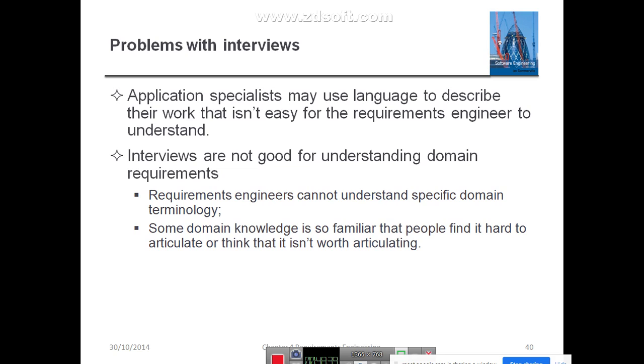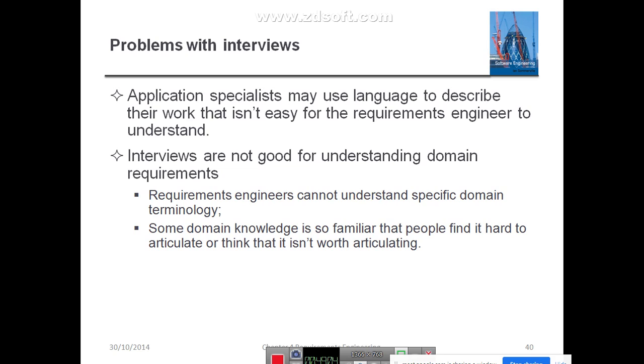A normal user or end user is also one of the stakeholders. He is writing all the statements in natural language, right? And the technical staff is writing his views in a different manner. Then it is not easy to understand the requirement. Such type of problems you are going to face in the interviews.